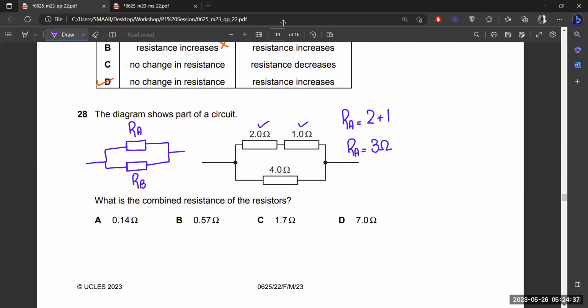So now we just combine these two resistors and we know that there is a parallel combination. So apply the formula for parallel combination: 1 over R, the equivalent resistance, will be equal to 1 over RA plus 1 over RB. RA will be equal to 3 ohm, RB will be equal to 4 ohms. So just combine these values.